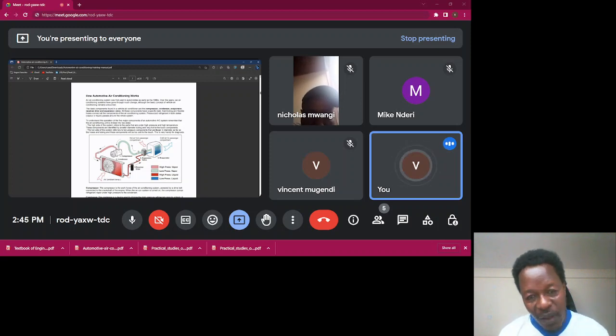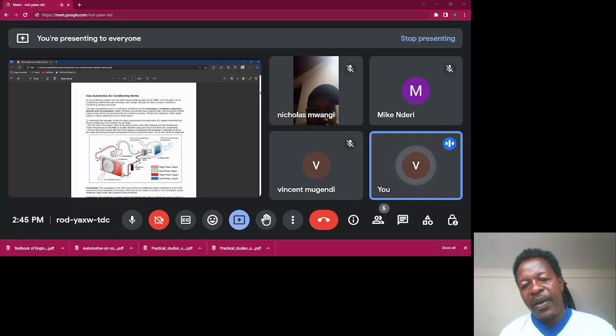Then it passes through the receiver dryer, as you can see. The component which is in black, this one, I can show you. If you follow my arrow, you can see that this is the receiver dryer. It works like an accumulator. It accumulates the liquid refrigerant, and it also strains the foreign particles that could be in the refrigerant.